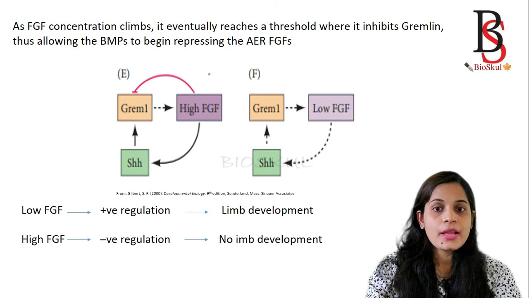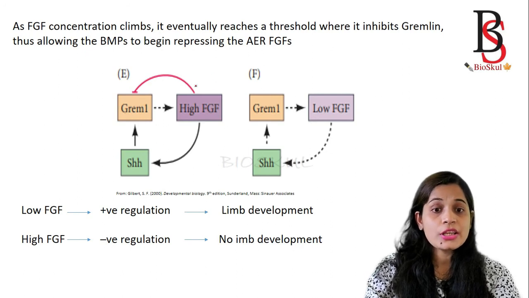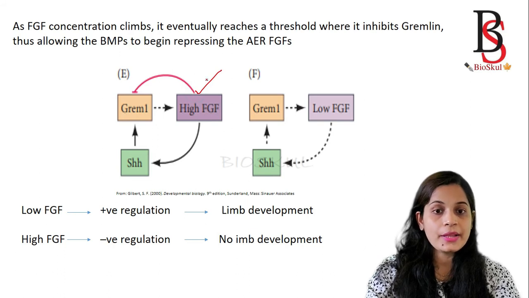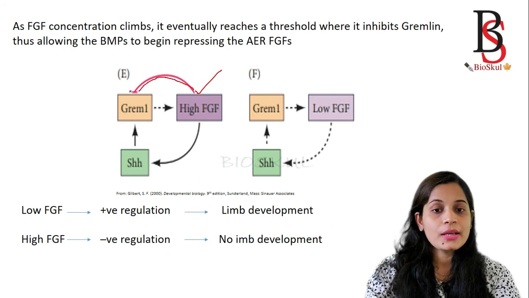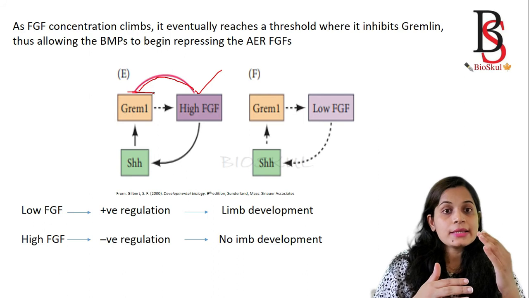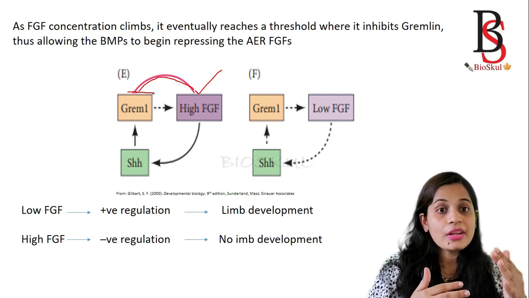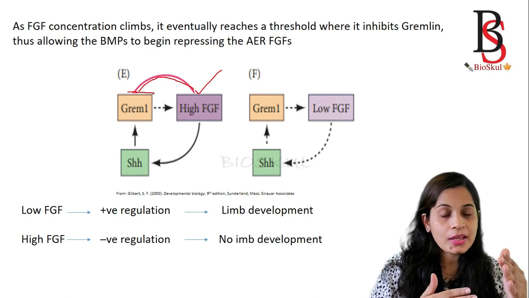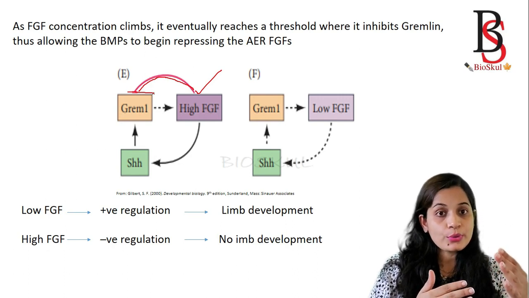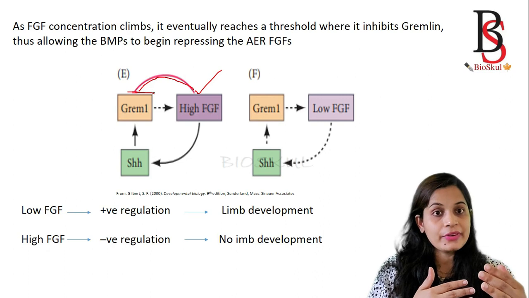Let's consider if the FGF concentration is high. At a high concentration of FGF, what will happen? It will inhibit the GREM1. GREM1 will be inhibited. Okay. If the GREM1 is inhibited, then it cannot inhibit the bone morphogenetic protein BMP. Okay. Now the bone morphogenetic protein, or the BMP, is activated.